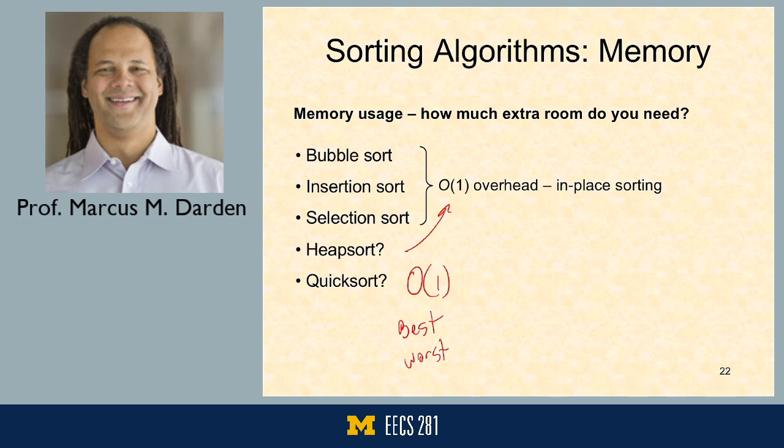In the average case, I would end up with something that looked like log n stack frames. And in the worst case, I would end up with a big O of n additional memory. So this is the worst. All right?